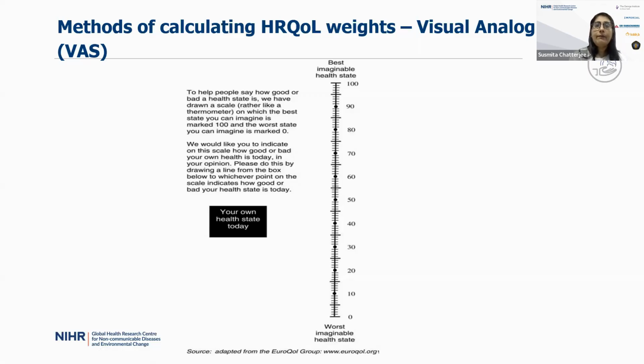And you ask them, where do you want to put your health today on this scale, where 0 is the worst possible scenario and 100 is the best possible scenario. This is a direct method, right? You are asking them directly to rate where they put their value for their health. So that's a simple, straightforward tool.